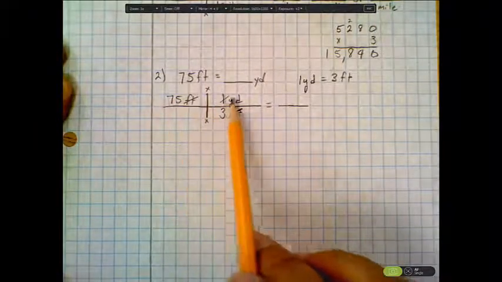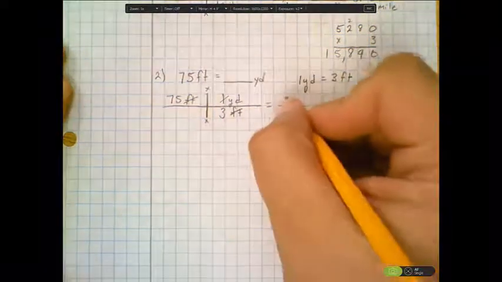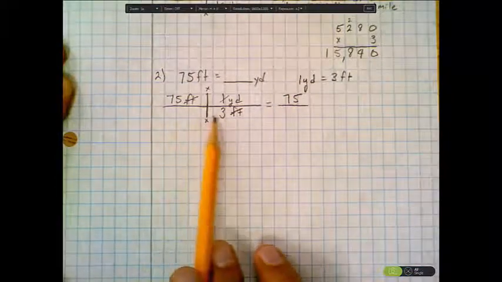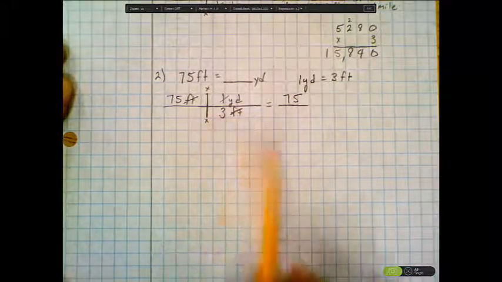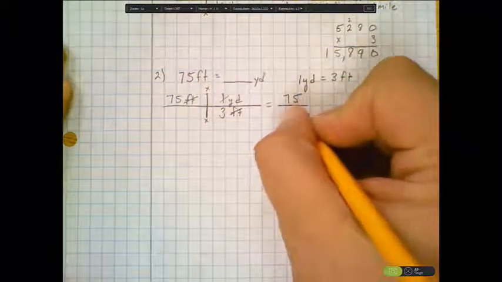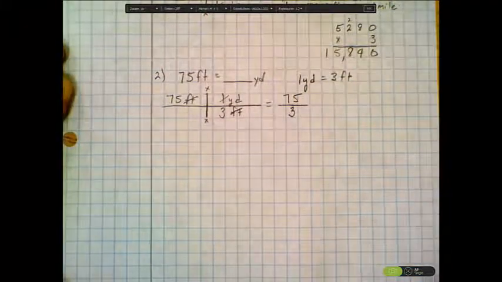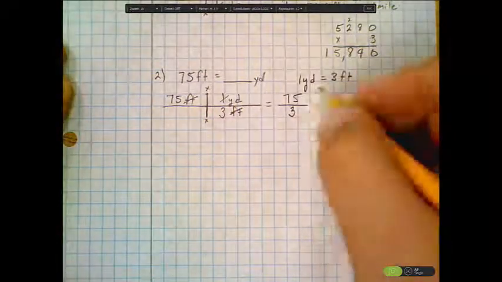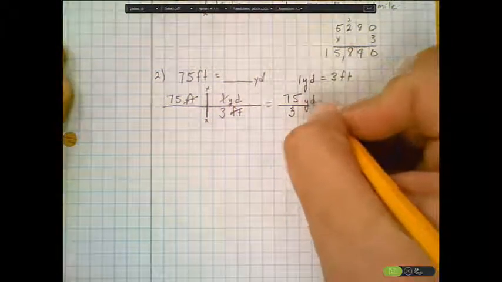So 75 times nothing is 75. Nothing times 3, well, that's going to be 3. And the only units that I have left are yards. And so my units are going to be yards.